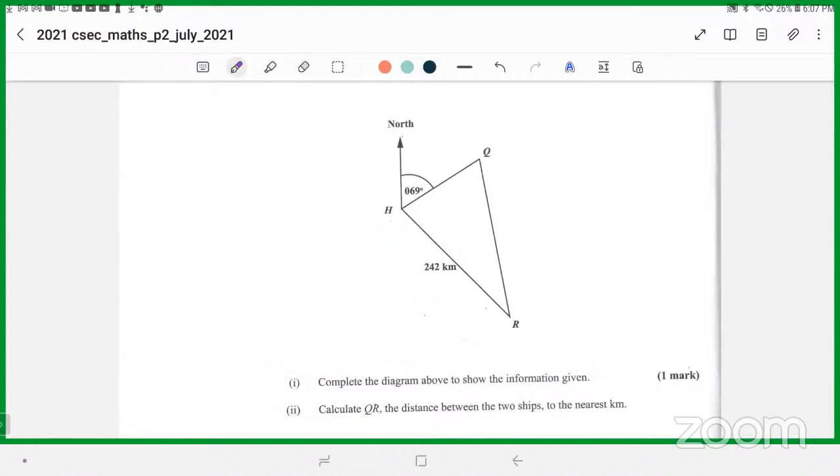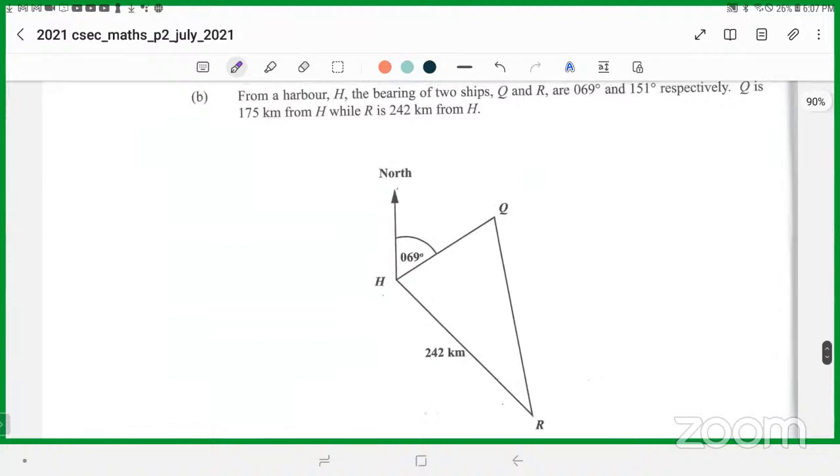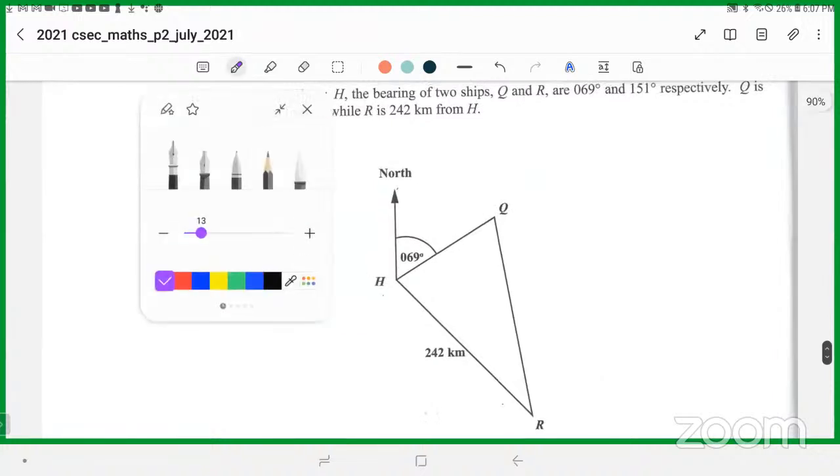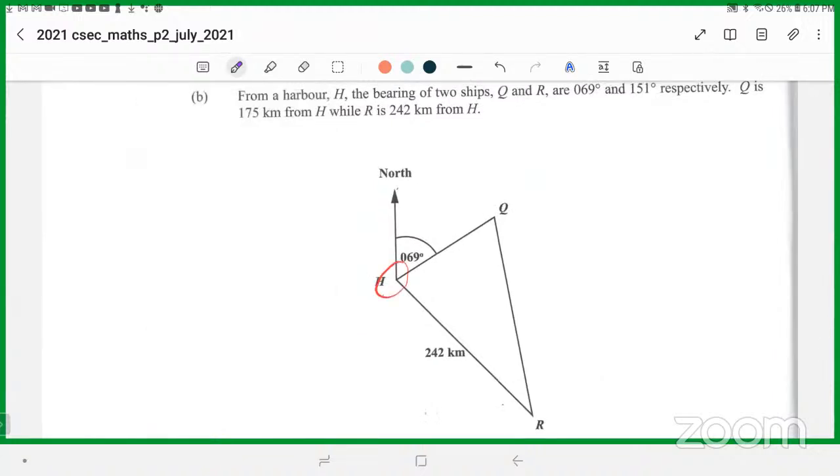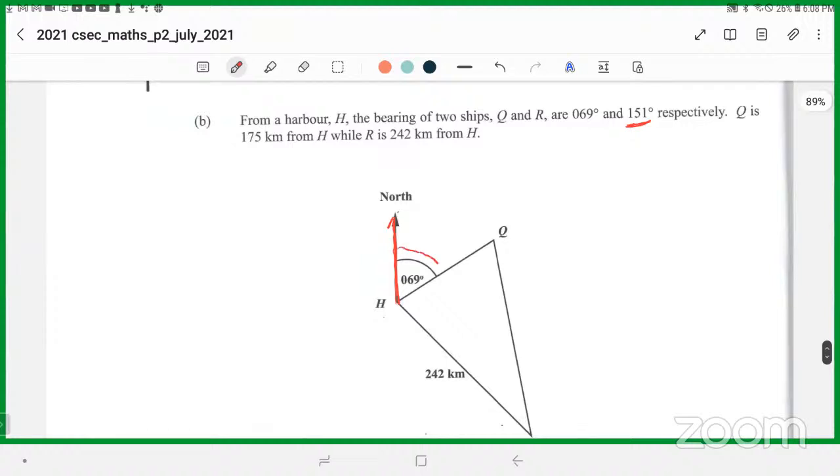So first we're going to put on the bearing angle that they gave us but didn't show, which is the 151 from here to here. Again, you are at the front position, you face north first, and the angle is 151 degrees. It's the angle through which I have to turn to the right.